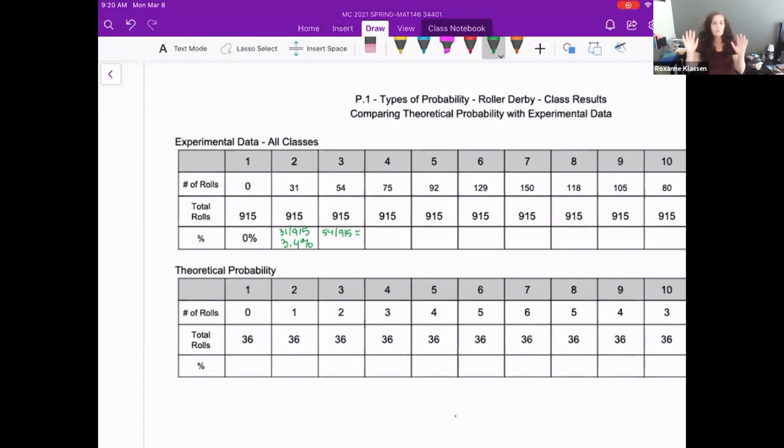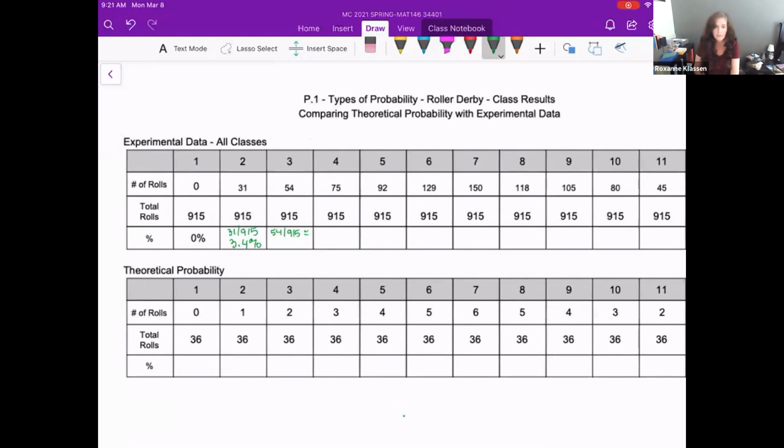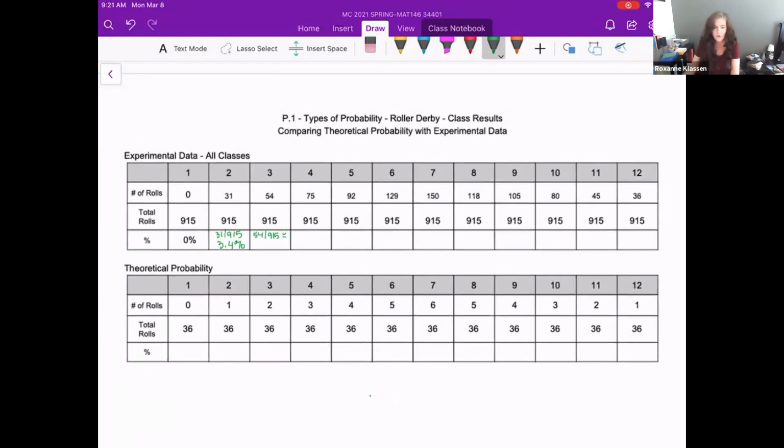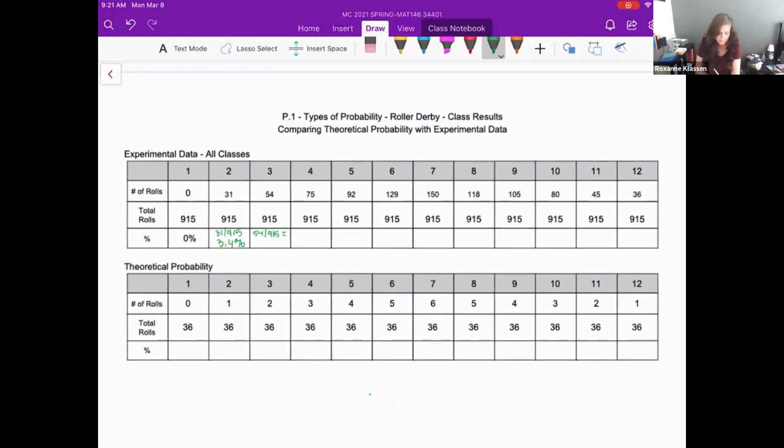All right. So we were just doing theoretical first, but we are going to do experimental as well. I mean, experimental first, then we'll do theoretical in just a minute. So for how many threes we rolled, or what percent of threes we rolled, did you get 5.9%? Yes, excellent.